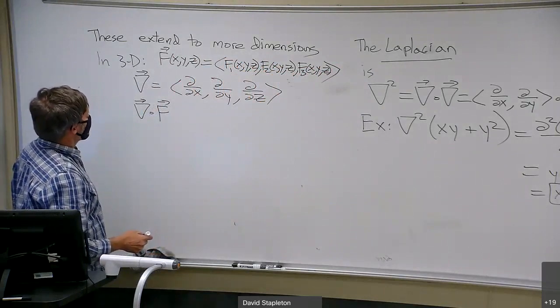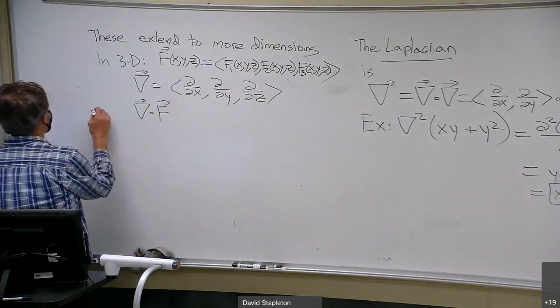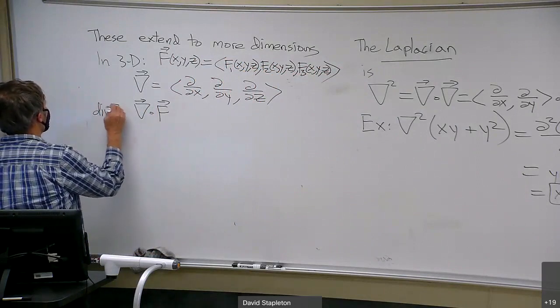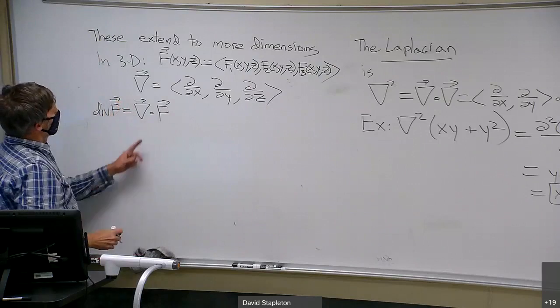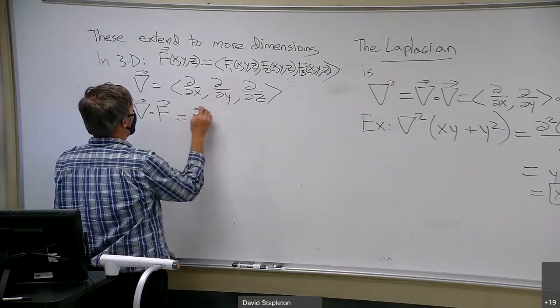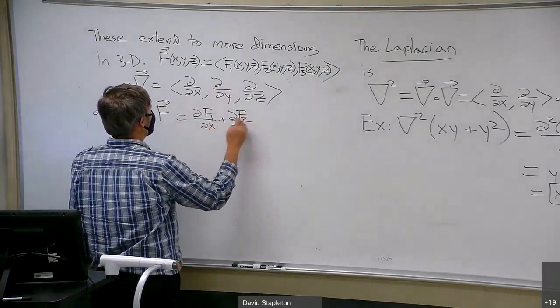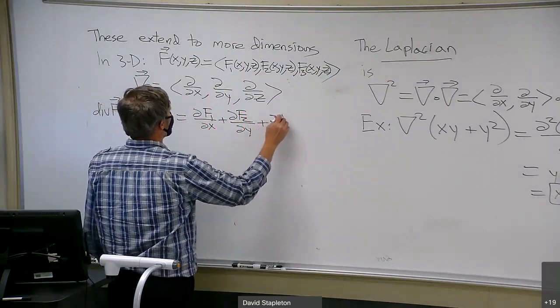Now, if you take the divergence of f using this, I guess we should give the other notation too. Using this gradient with 3 components, now it's just df1/dx plus df2/dy plus df3/dz.